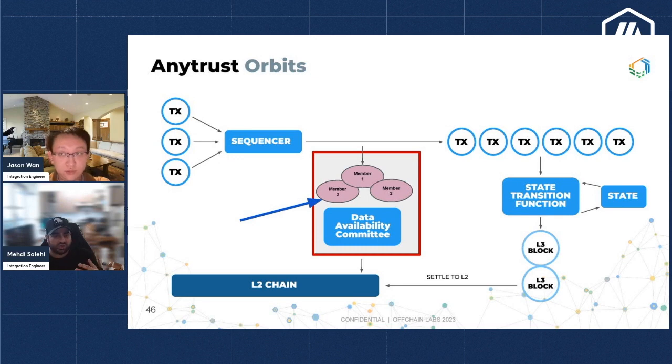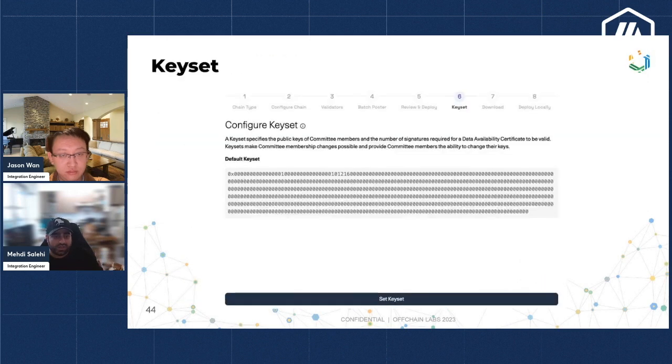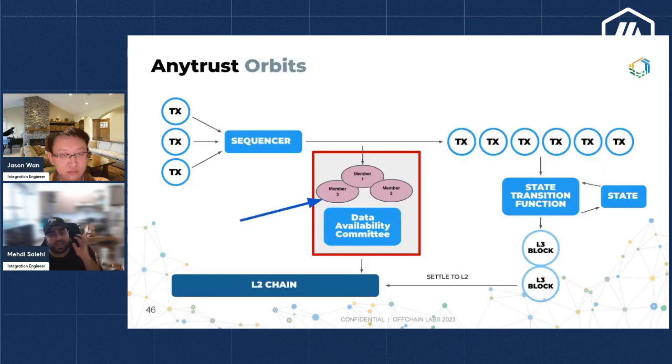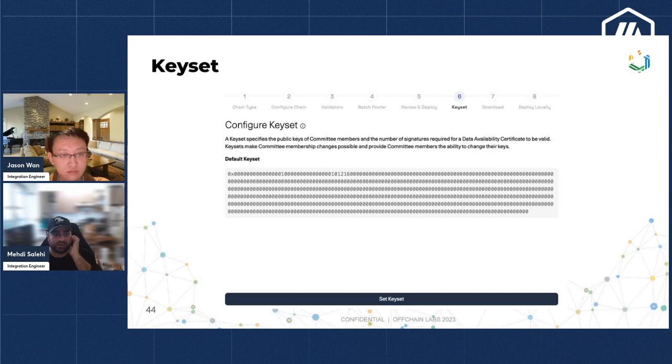So L2 should know about these members and their public keys, to be sure that they signed it well and it's correct, as a thumbs up. This key set represents those members. So when you set up your chain with all the different members, you need to set the key set here, and you can see what a key set is and how to set it up more in our docs as well.